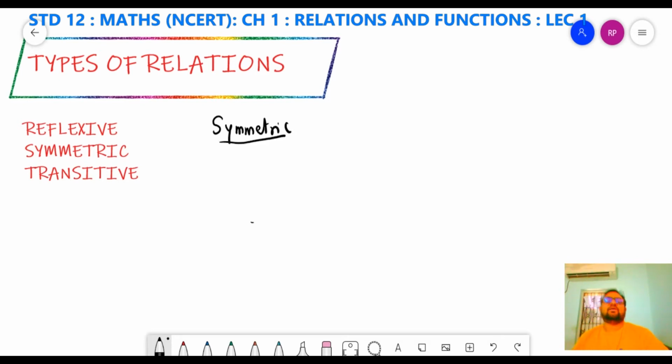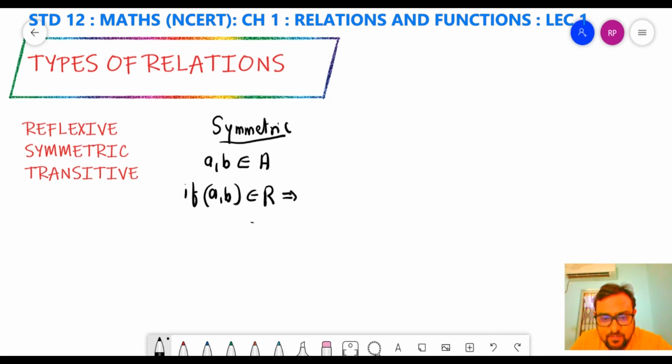Now see here, for any elements, let's say a and b belonging to A, okay, the relation is on set A. So if (a, b) belongs to the relation R, then that must imply that (b, a) also belongs to R. Then it is symmetric.